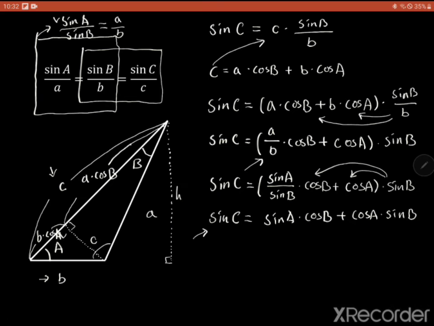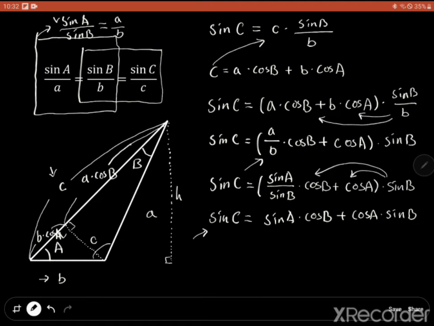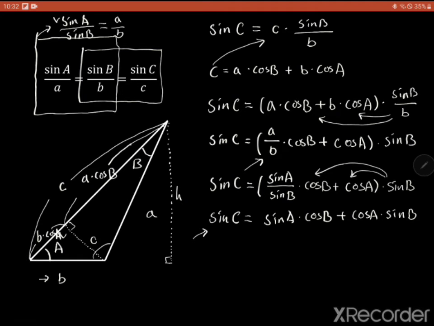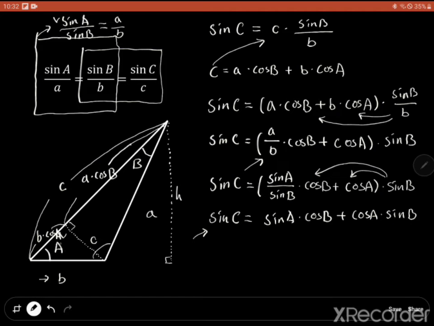So let's say h. Okay, so the height will be opposite our angle a, and their angle should be c. Of course there are two or three ways: angle a and hypotenuse with c, or you can choose angle c and their hypotenuse of a.